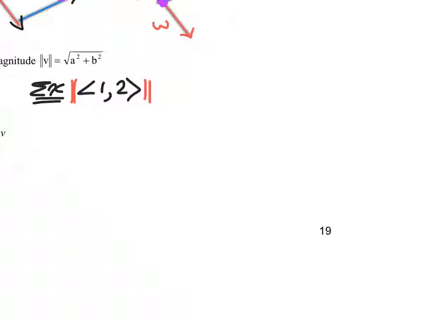If the vector is written out the way I have it here, in numerical form, that's how you write it. But if we denote the vector as a variable, like u equals vector 1, 2, then you can put the double brackets around the u. The double bracket just means the magnitude of that vector. Some people use a single bracket.